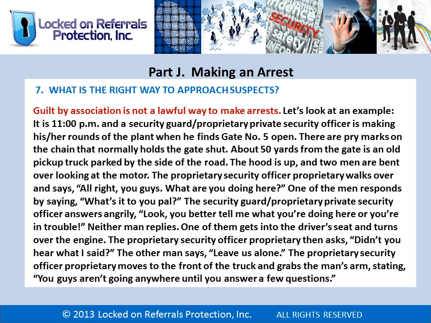Read the following slides, number 7, 8, 9, and 10, very carefully. Their purpose is to present in detail an example of how best to obtain pre-arrest information. Slide 7 reminds us that guilt by association is not a lawful way to make arrests.